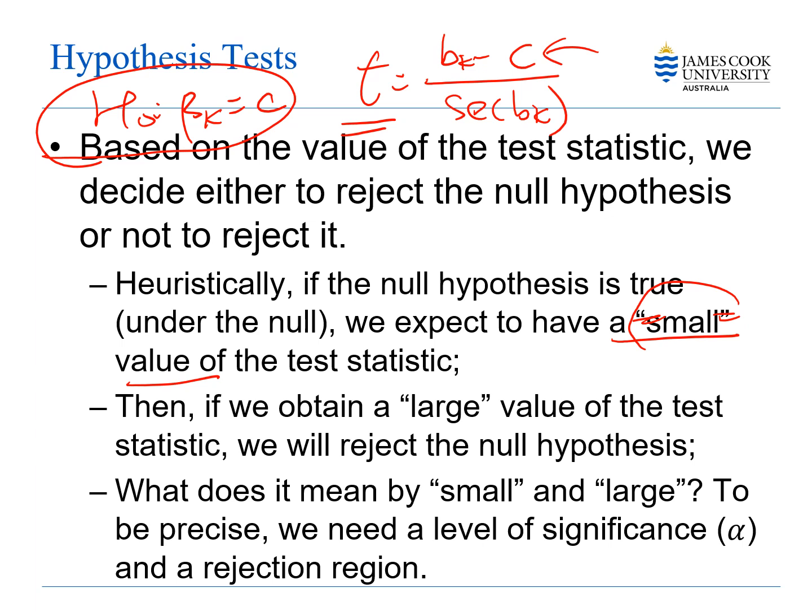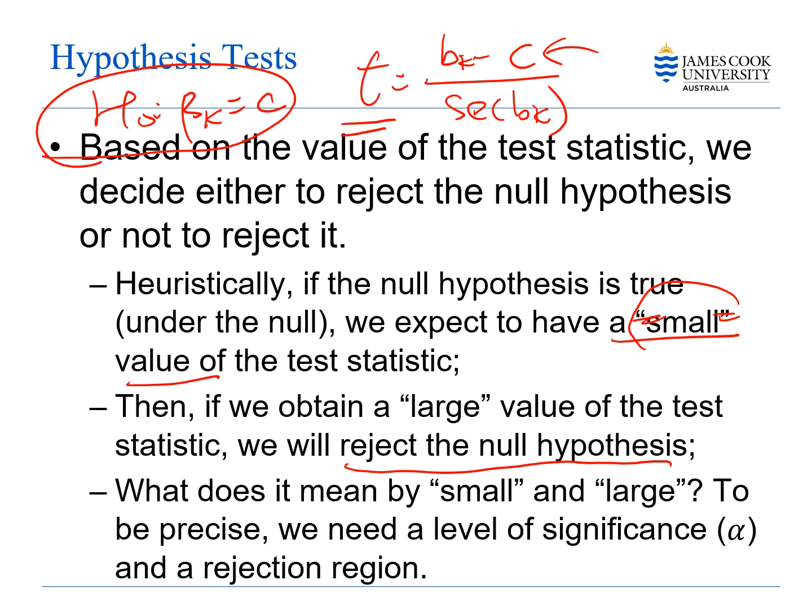So in such a case, if we compute a very large value of the T statistic, then we will reject the null, because we believe under the null it should be small, but in contrast we get a big value, so then we reject the null. And what does it mean by small, large? To be precise about this, we need two things.